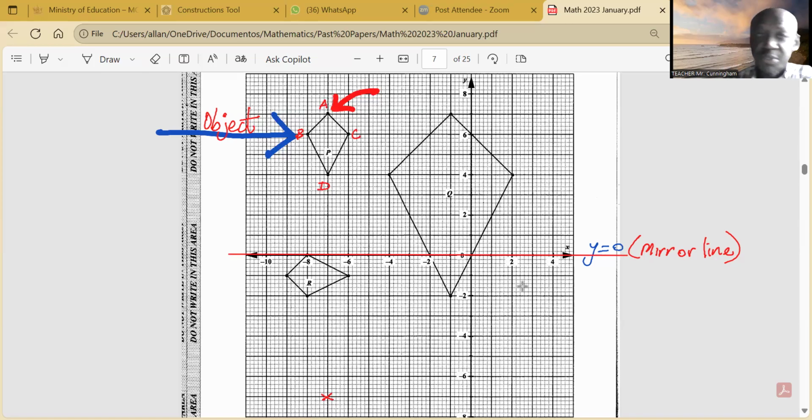How many squares is point B from the mirror line? So 6. Right, so 6, correct. So we will need to move 6 away. So 1, 2, 3, 4, 5, 6. Right here.